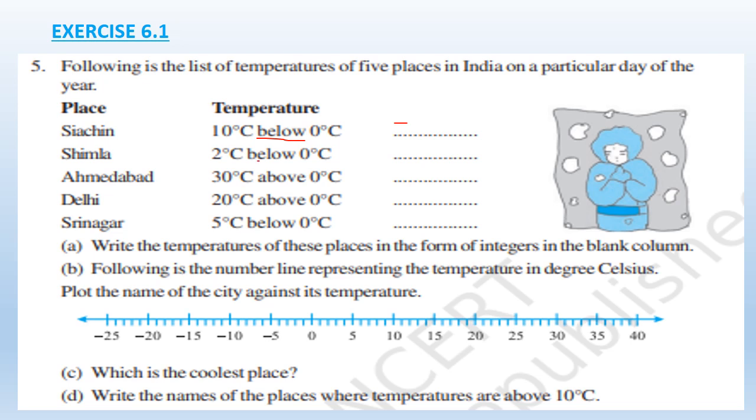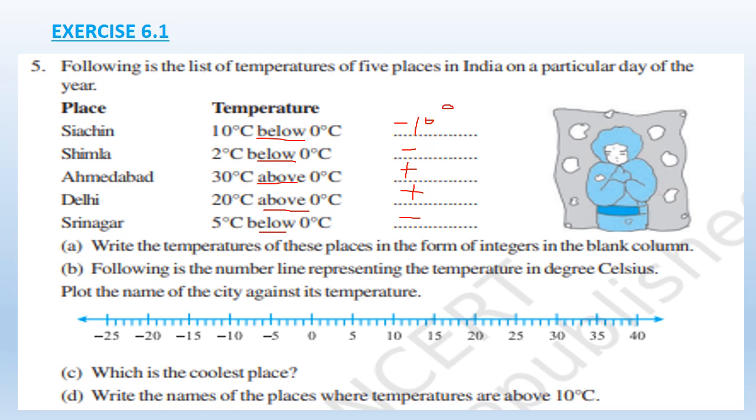Here also below, that's why again minus. Above, plus. Above, plus. Below, minus. So 10 degrees Celsius below 0 degrees Celsius means here minus 10 degrees Celsius.